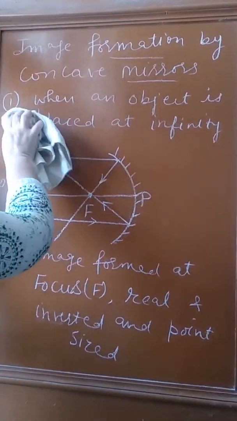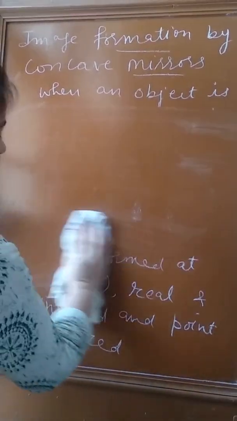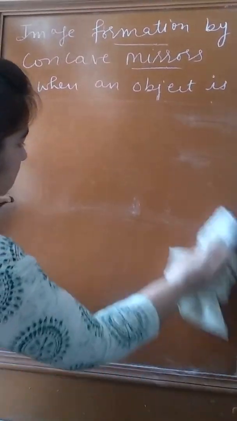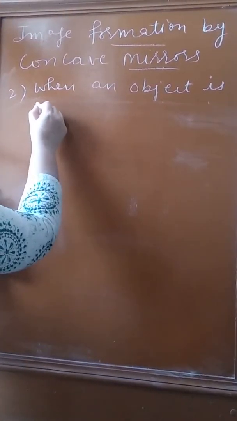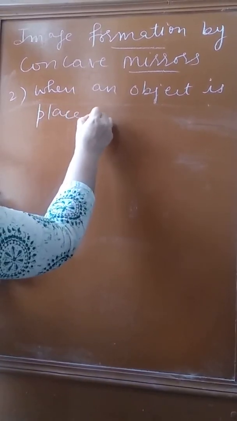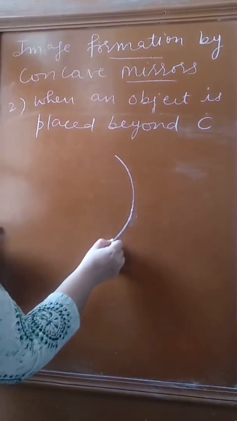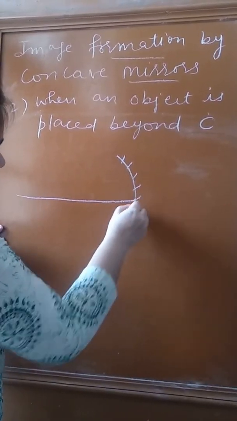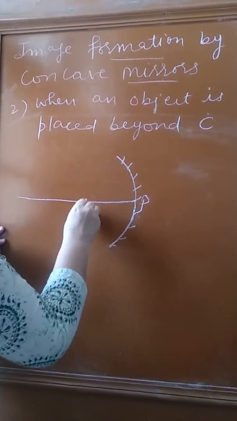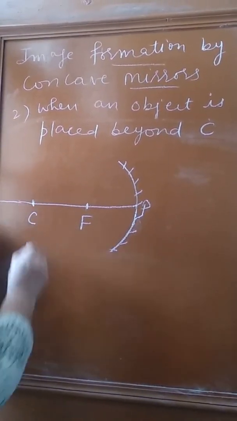Now, second case, when an object is placed beyond C. Now, a concave mirror, pole, focus, center of curvature.